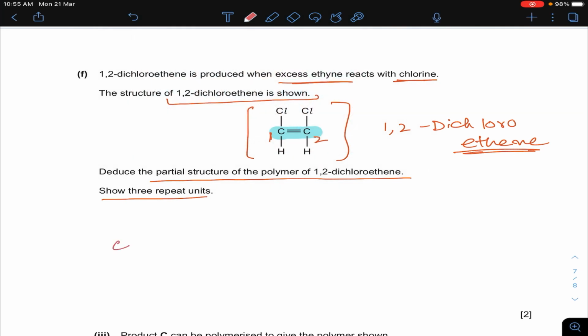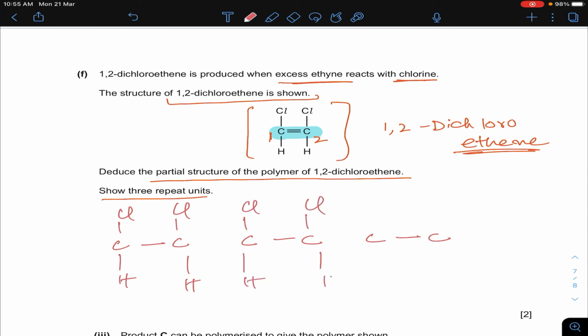So we just have to break the double bond, 1, 2, and 3. All right, next we have 2 chlorines, 1, 2, H, 1 chlorine, 2, H, Cl, H, and because the double bond is broken, that means now they have a single bond bonded to each other.